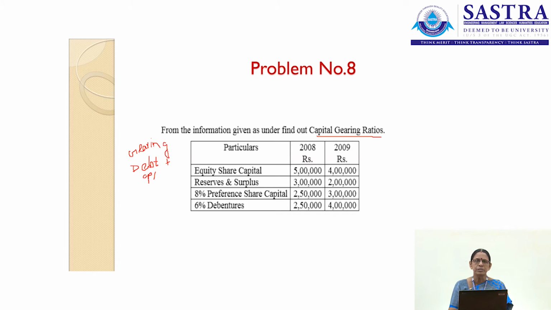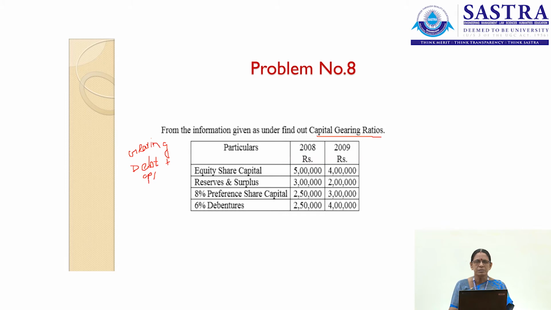The second point is, if you pay a fixed amount of interest to these debenture holders or long-term loan givers, then they will get it and they will move from your company. So it is a fixed interest bearing security. When you pay this fixed interest to the debentures or long-term borrowings, this interest is tax deductible under your Income Tax Act.